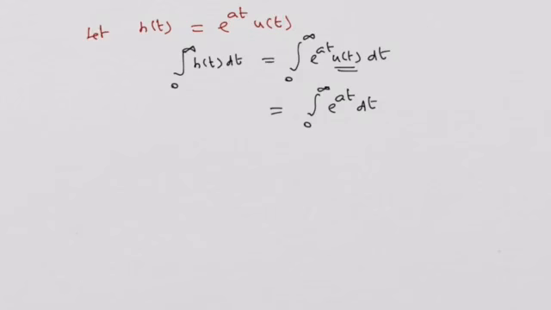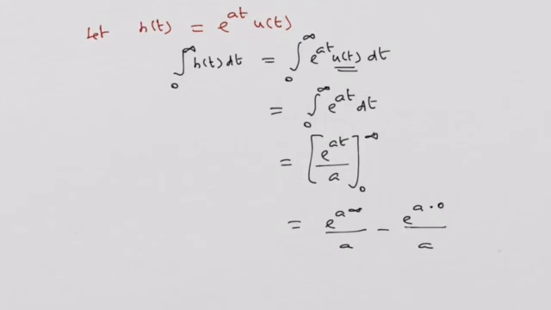Correct? When you integrate it, this will become e power at divided by a, where the lower limit is 0 and the upper limit is infinity. Now you can notice that this will become e power a into infinity by substituting the upper limit, and by substituting the lower limit, e power a into 0, divided by a. Now there comes a question.